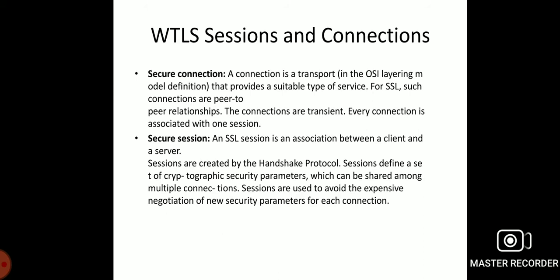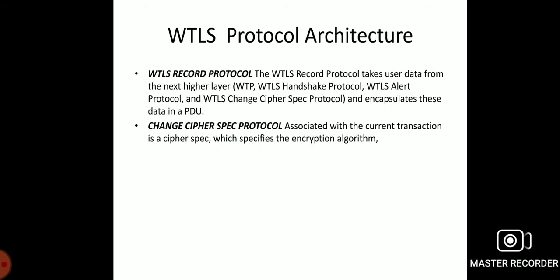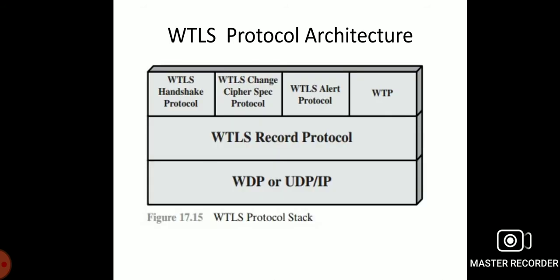Now we can move to the wireless transport layer security protocol architecture. Here the protocol architecture stack operations. Now we can see there are two different protocol architectures. That is the wireless transport layer security record protocol.